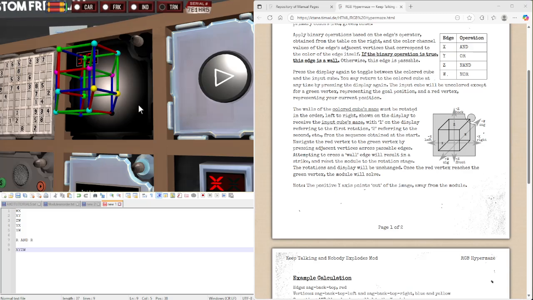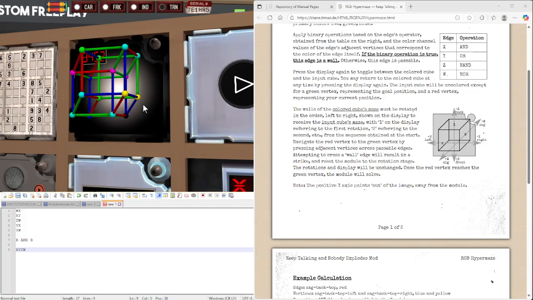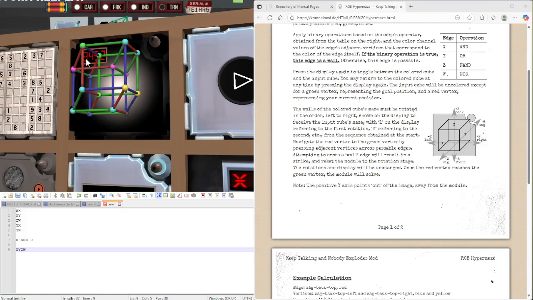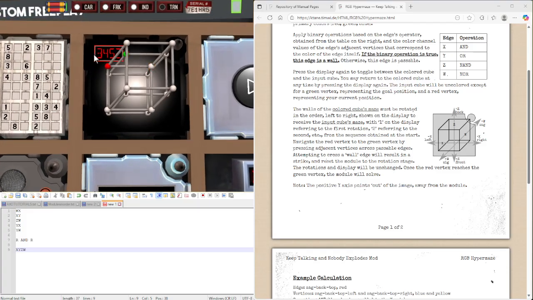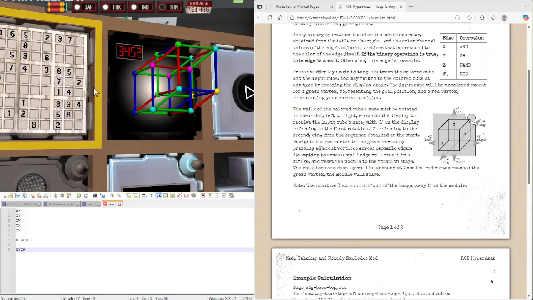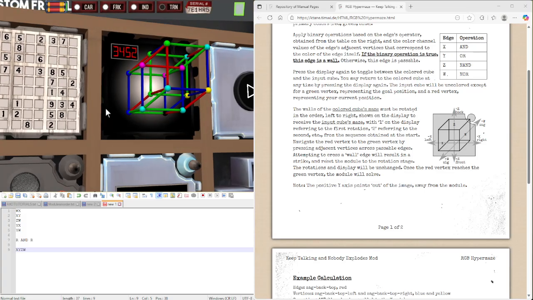Go on Z. Which is true. So doing it like this, you should be able to go across this one. Yes. Okay. Again, I should read the bloody manual.